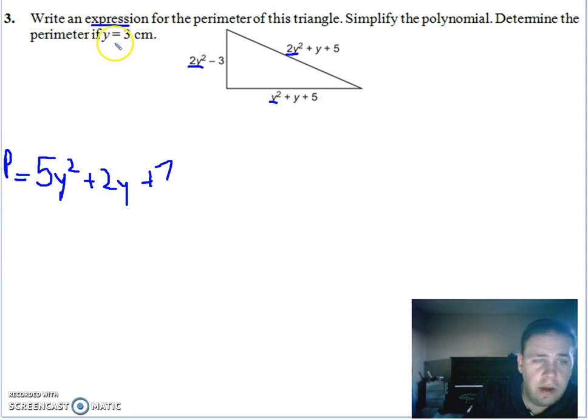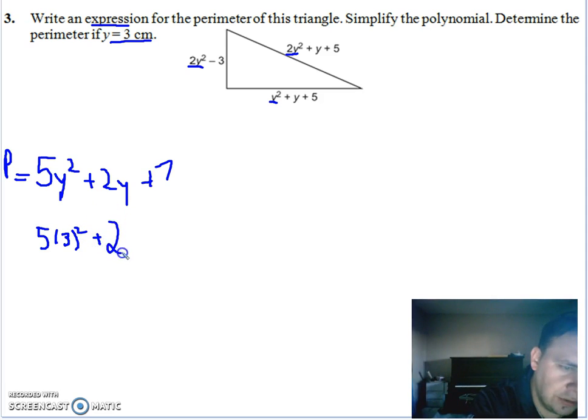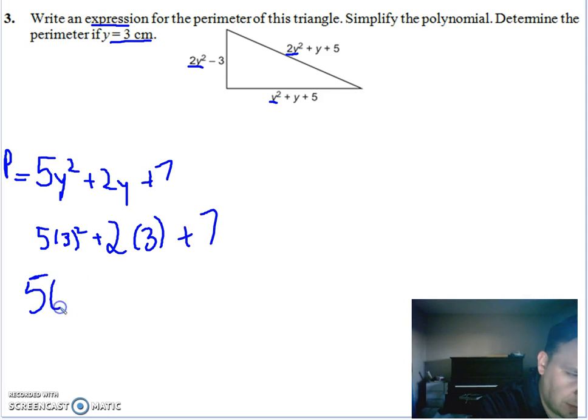And now I'm going to substitute the value of 3 in for y. So if I have 5 times 3 squared plus 2 times 3 plus 7, let's show the work here, so 5 times 9 plus 2 times 3, I can actually do this one here together.